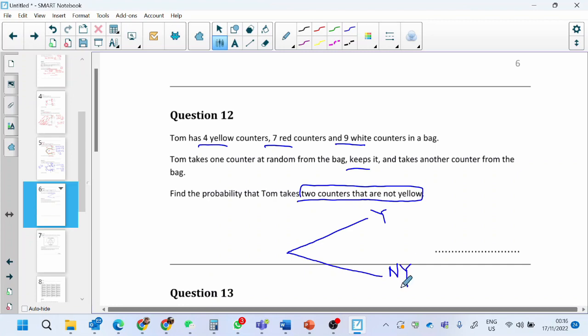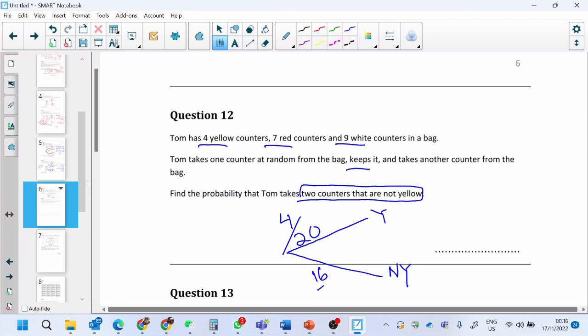Okay, so the probability of yellow is 4 out of total how many? 20. 9 plus 4 is 13 plus 7 is 20. 4 out of 20 is yellow. So not yellow is remaining out of 20, right?